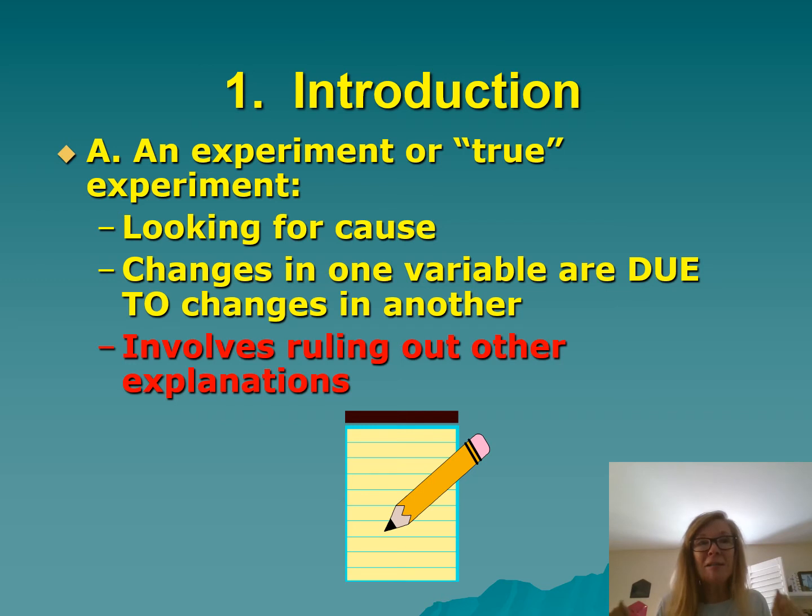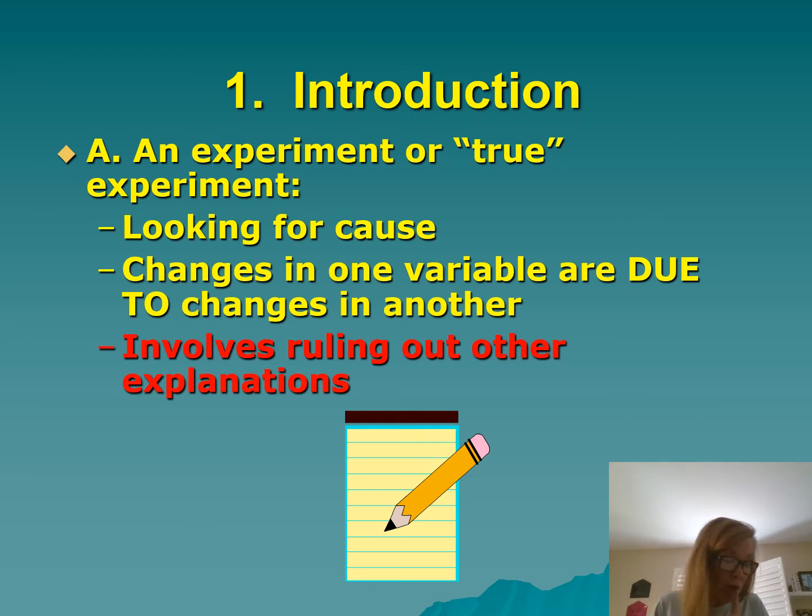Whenever I say this part of the lecture, I always think of a puppet master, someone playing with marionettes, pulling the strings. We're looking to see, if we pull this string, what happens to the puppet? If we pull this string, what happens to the puppet? So we're breaking down that mechanism of cause and effect by using experimentation.